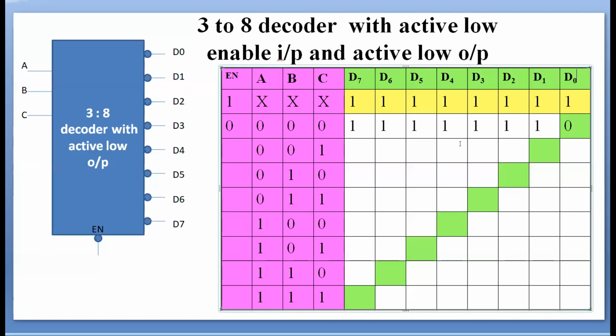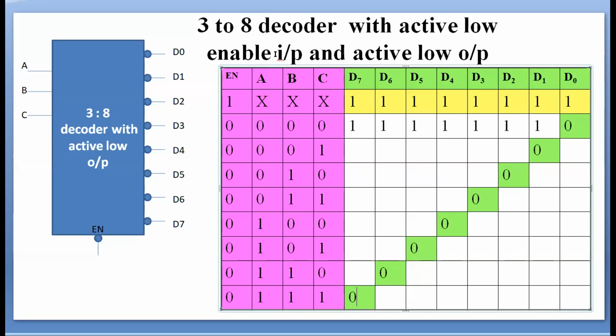Similarly, when the enable input is 0, with the input combination 0, 0, 1, the D1 line will be active. When 0, 1, 0, the D2 line will be active. When 0, 1, 1, the D3 line will be active. When 1, 0, 0, D4. When 1, 0, 1, it is 5, D5. 1, 1, 0, D6. And 1, 1, 1, D7.